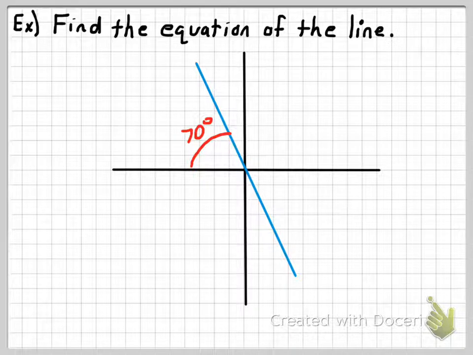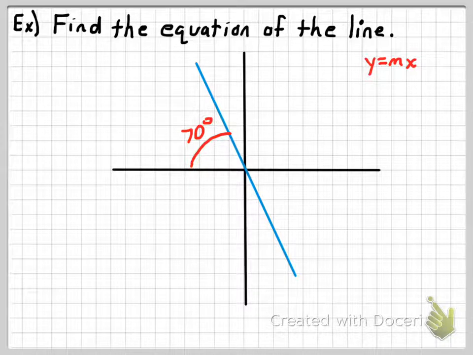Let's say I wanted to find the equation of this line that you see right there. Well, whenever we're writing the equation of a line, typically we write the gradient-intercept form, the y equals mx plus c form, but since we're talking about lines that pass through the origin, the y-intercept is 0, isn't it? So we don't need to worry about the plus c or plus b, whatever you're used to calling it.